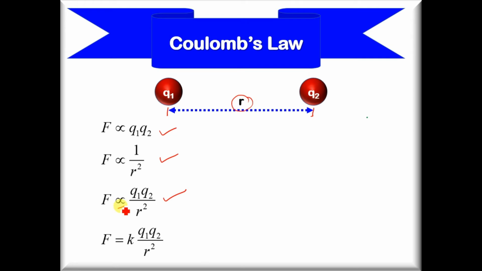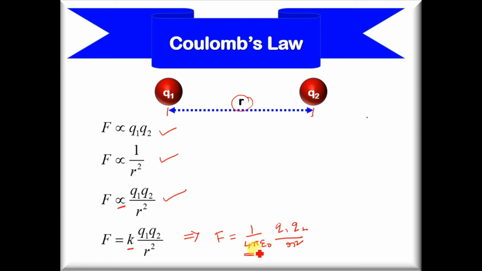And in order to remove this proportionality constraint, we can introduce some proportionality constant here. So this value is nothing but 1 by 4 pi epsilon naught, Q1 Q2 by R square. So that means 1 by 4 pi epsilon naught is your proportionality constant.